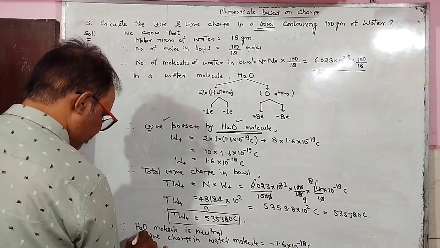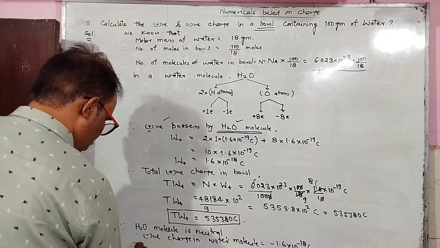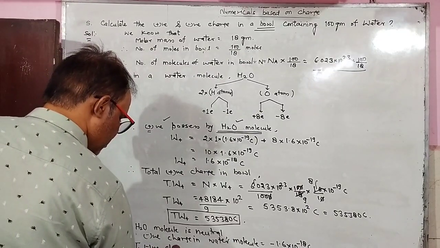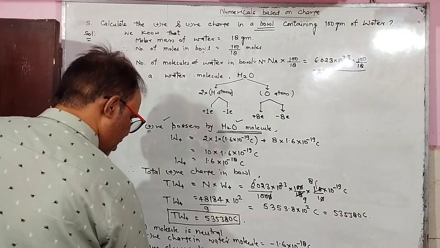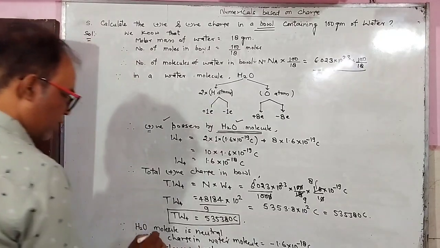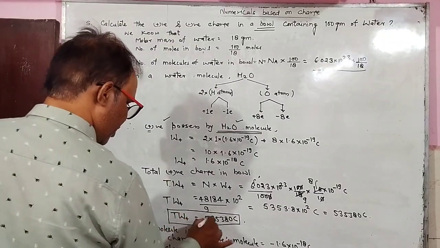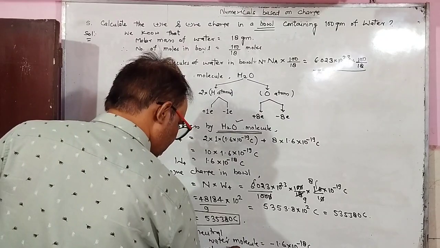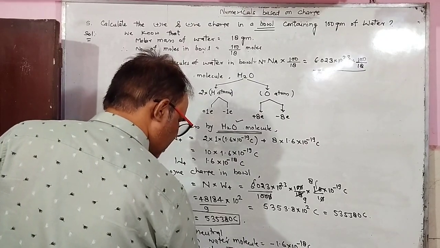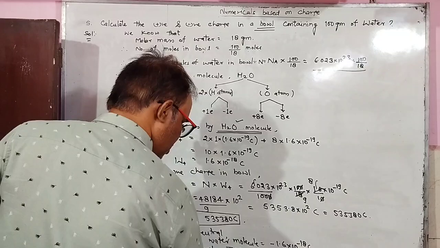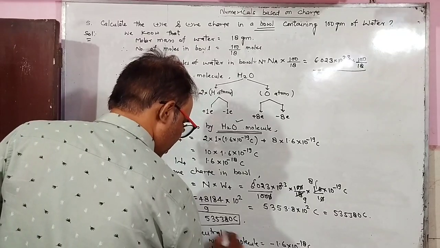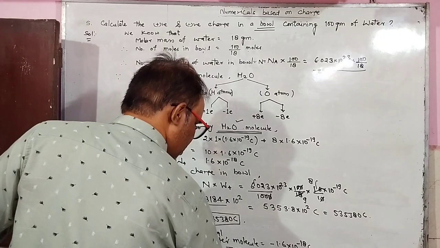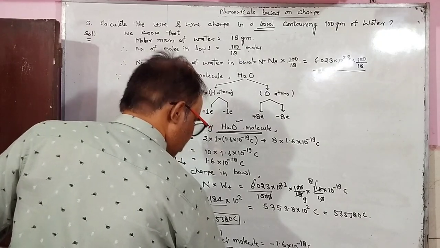while total negative charge in bowl is equal to, इतना ही होगा लेकिन नेगेटिव लग जाएगा, total negative charge in water bowl containing water is equal to minus 53538 coulomb.